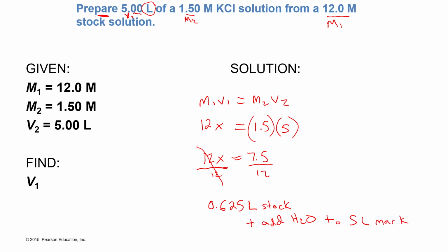In other words, since we're adding 0.625 liters of the stock, we're going to add 4.375 liters of water. That's how we would make that solution.